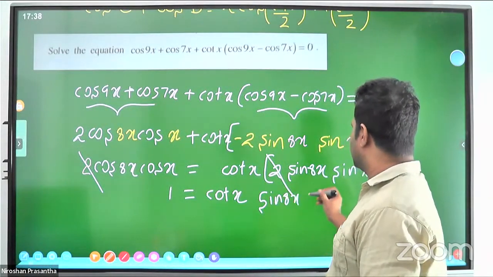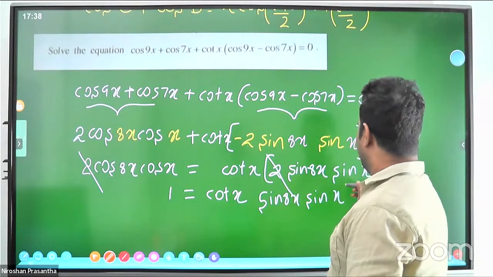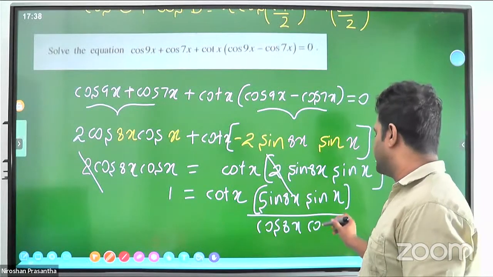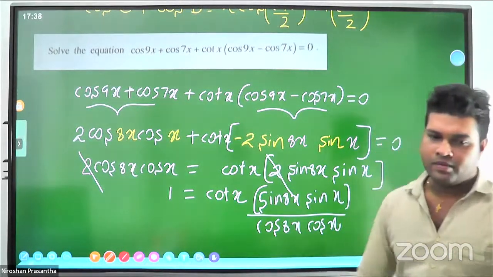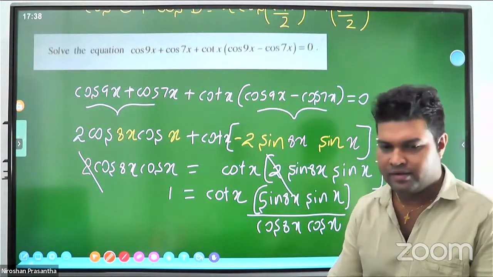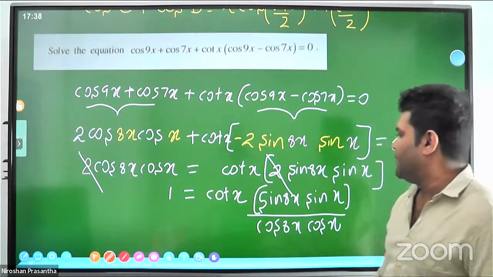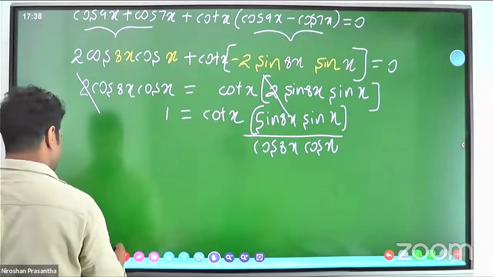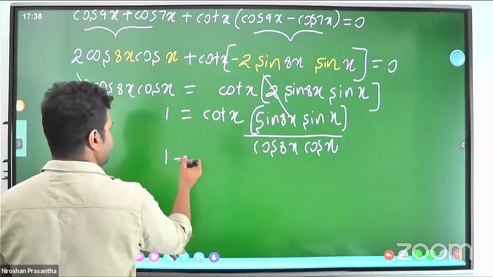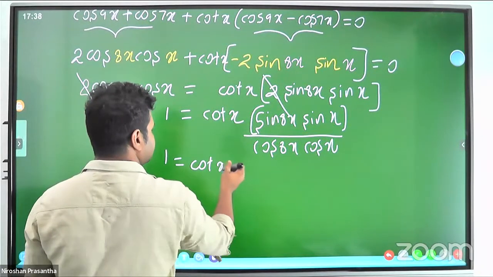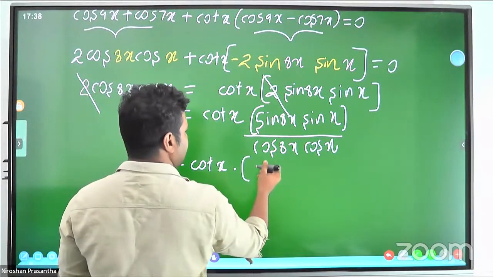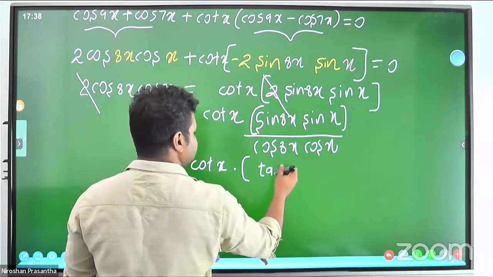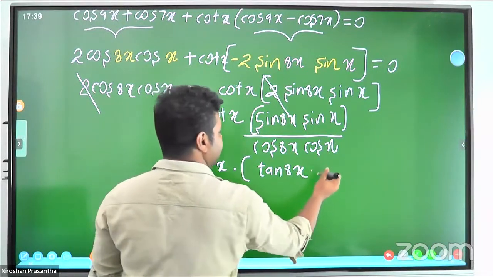I'm going to divide by cos 8x cos x. What is coming? 1 equals cot x tan 8x tan x.